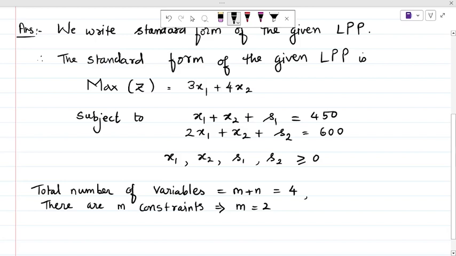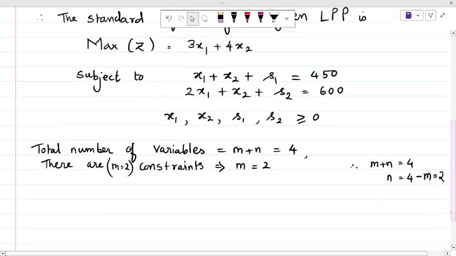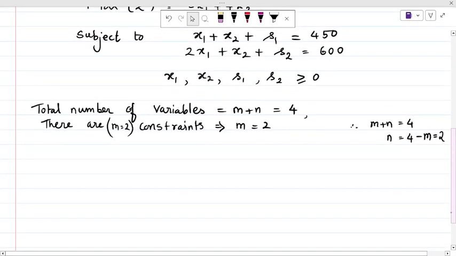There are m equal to 2 constraints. Therefore m plus n equals 4, so n is equal to 4 minus m, which is 2. So here you have n equal to 2.